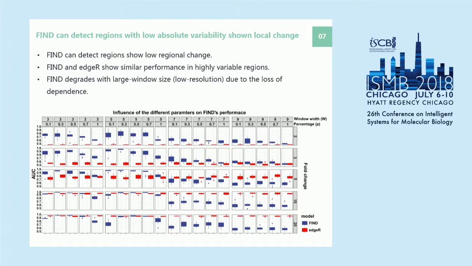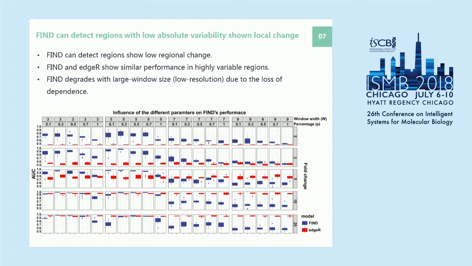Here in this graph, FIND is shown in blue and EdgeR in red. We compare the performance of our method given different fold changes, different window sizes, and also the percentage of differential k nearest neighbors. For a window size less than 5, which is about 25 kb, our method performs better than EdgeR. However, for a larger window size, our method performs very poorly because we lose the independence condition.